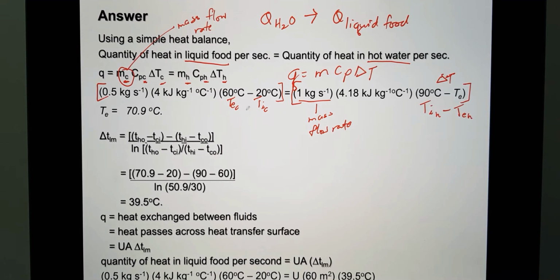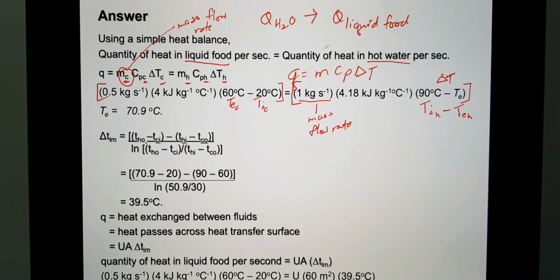Why on your left hand side, the temperature of liquid food is T exit minus T inlet, whereby on your right hand side, in order for you to calculate the temperature difference, it is T inlet minus T exit, T outlet. Why is that so?